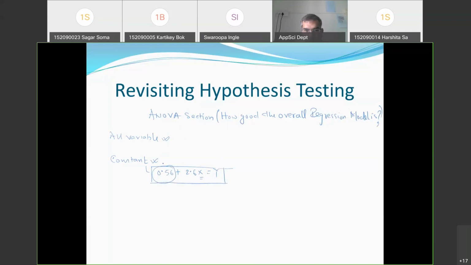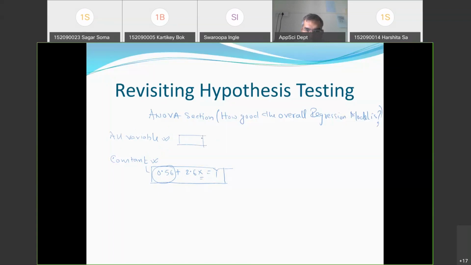If the variation in these two models is comparable, we will say that there is no use of this regression, because both the things have come from the same data set. Whether we include all the variables and develop a regression model with all the variables, or whether we just use constants, it is not making much of a difference. To infer this, we analyze the variation in this model.